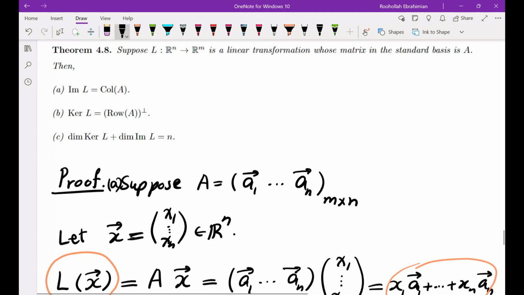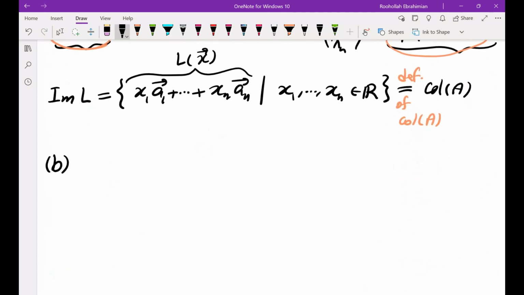Next thing I need to do is to show that the kernel is in fact the row space perp. And this perp is with the dot product. So in order to show these two are the same, I will have to show every element in the kernel is in the row space perp, and every element in the row space perp is in the kernel. So let's write down what that means.